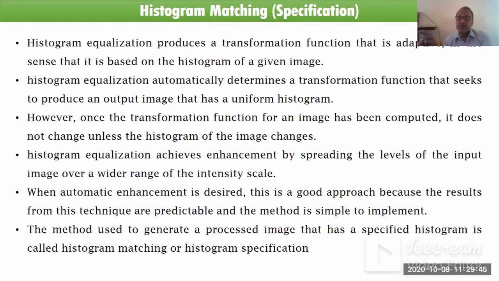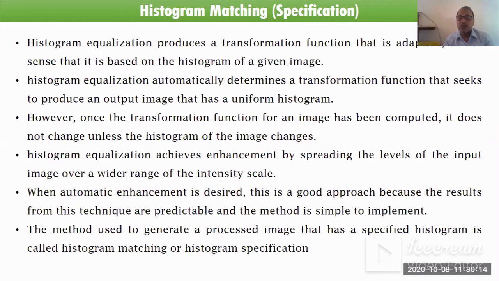This transformation function is generated from the image only. Okay, so this produces a transformation function, and this transformation function is based on the histogram of the given image. So histogram equalization automatically determines the transformation function that seeks to produce the output image which has a uniform histogram.